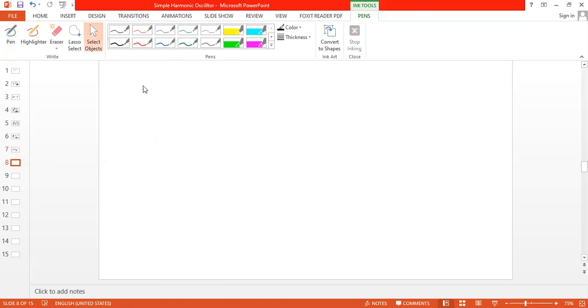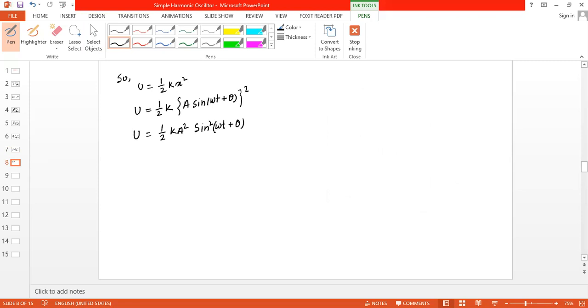So U equals 1/2 k x squared, and if we substitute the value of x, which is a sin of omega t plus theta, whole squared, my potential energy equals 1/2 k a squared sin squared of omega t plus theta. By the way, what does k mean?